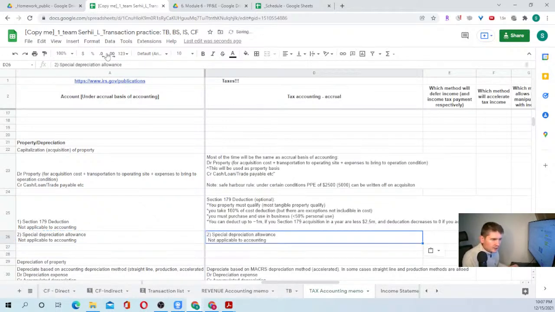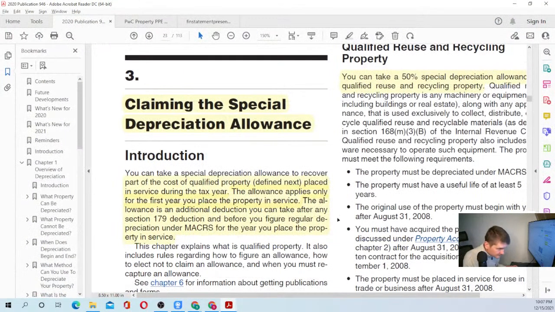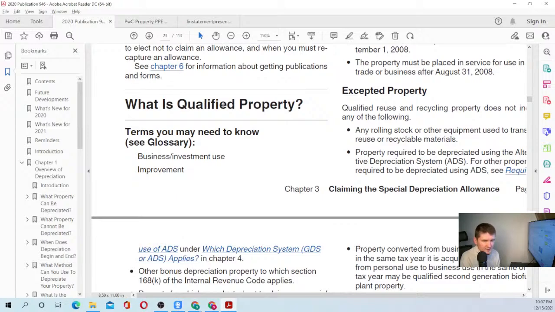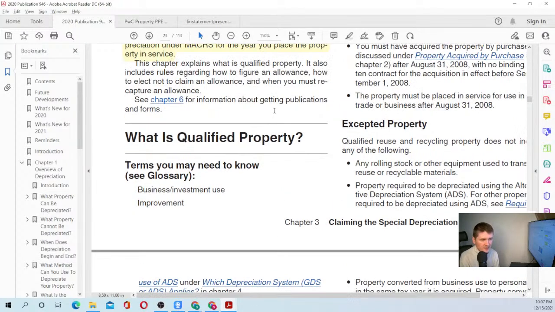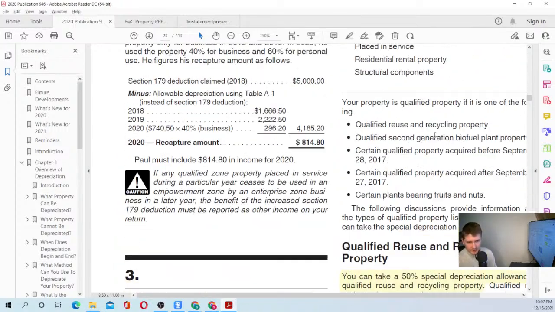Let's move it here. Special depreciation allowance. So we have some qualified property. So when can we take the special depreciation allowance?